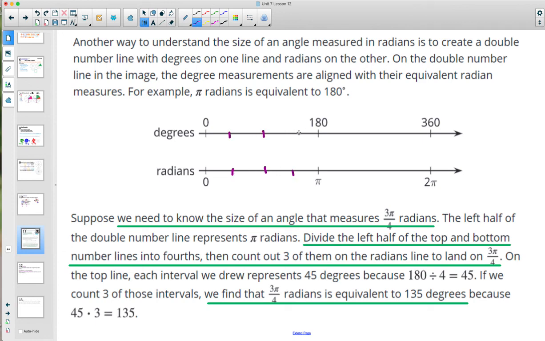So same thing here. And so we would want 3/4 pi. So if you cut this in half, that'd be 90. Cut it in half again would be 45. 90 plus 45 is 135. So 3/4 pi would be equivalent to 135 degrees.